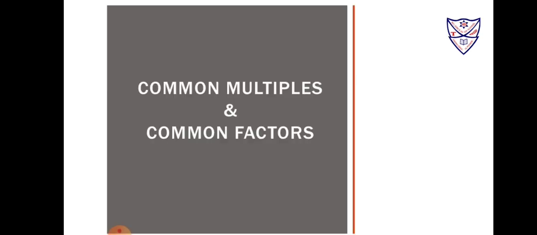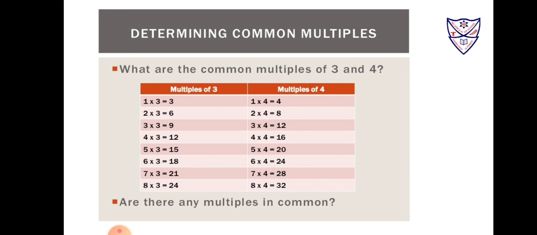Now let us understand common multiples and common factors. Determining common multiples. Let us see the common multiples of 3 and 4. These are the multiples of 3 and 4. 3 1s are 3, 3 2s are 6, 3 3s are 9, 3 4s are 12, 3 5s are 15, 3 6s are 18, 3 7s are 21, 3 8s are 24. 1 4 is 4, 2 4s are 8, 3 4s are 12, 4 4s are 16, 4 5s are 20, 4 6s are 24, 4 7s are 28, 4 8s are 32.